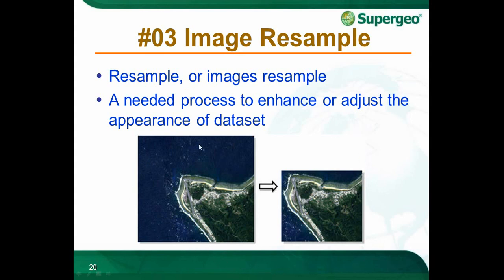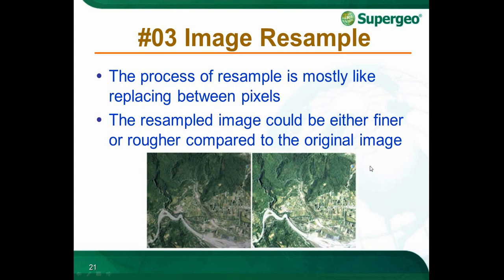Here you can see that this is the original one, and if you do some resampling, you can see the image will be enhanced or adjusted to the appearance you want to see. The process of resampling is mostly replacing pixels, and you can replace a pixel with the neighborhood, or neighbor pixels.